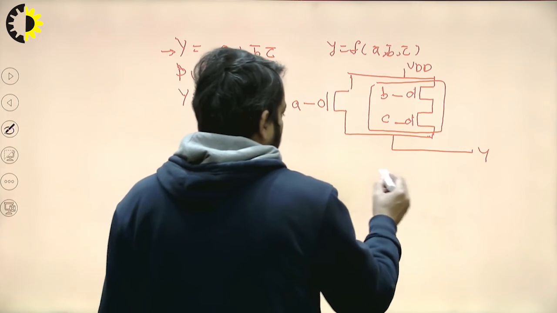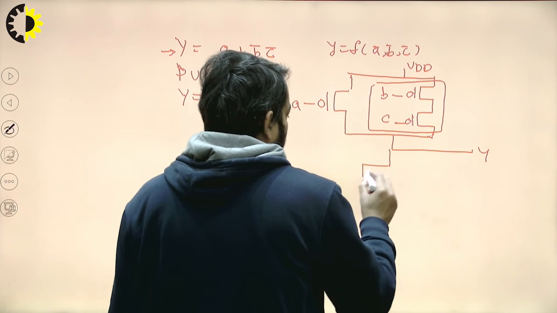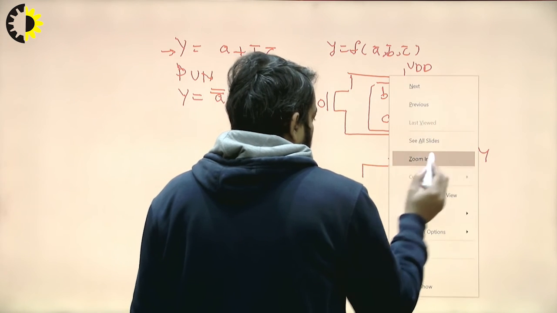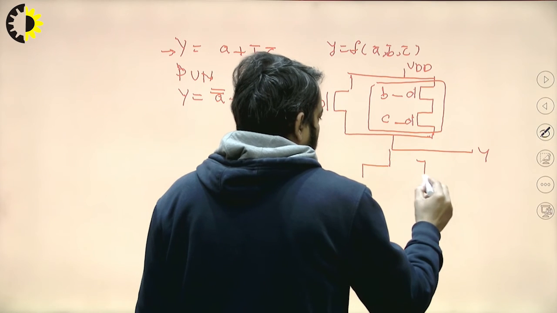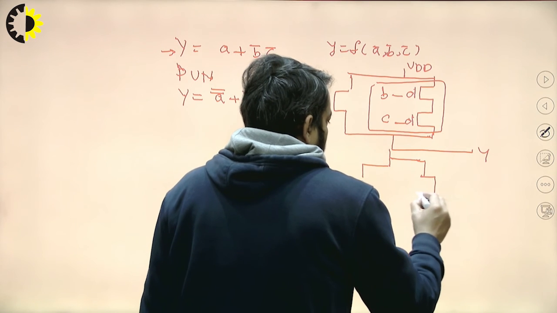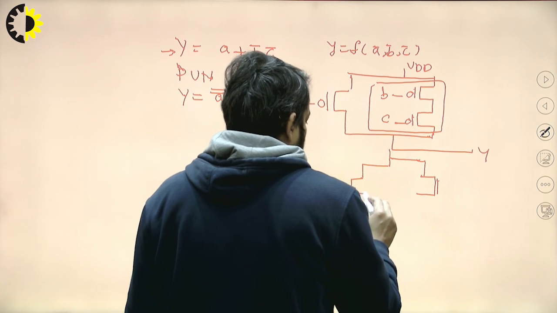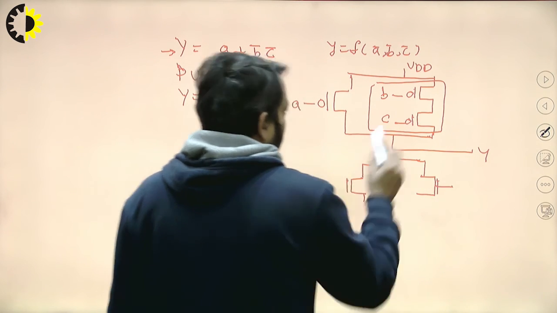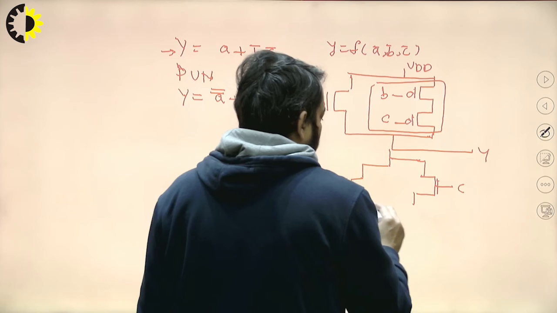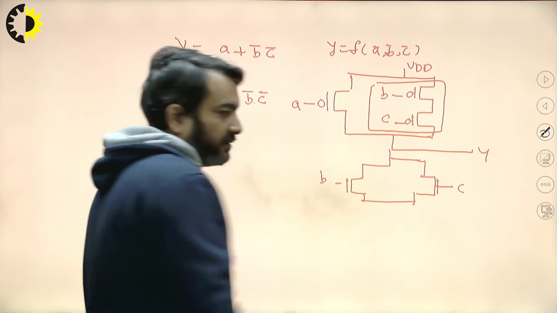So here we will have a parallel combination of two transistors, one input will be B, one input will be C. This series connection is replaced by a parallel connection.